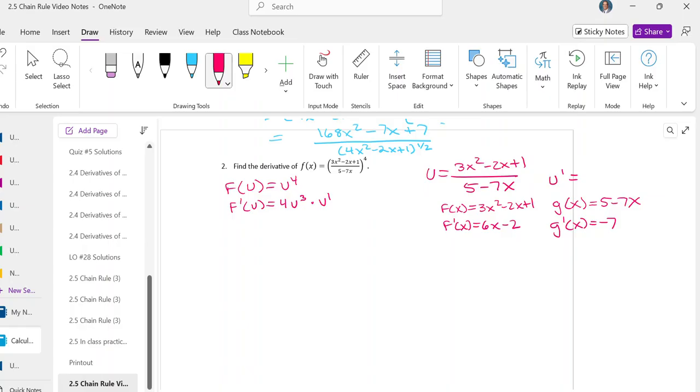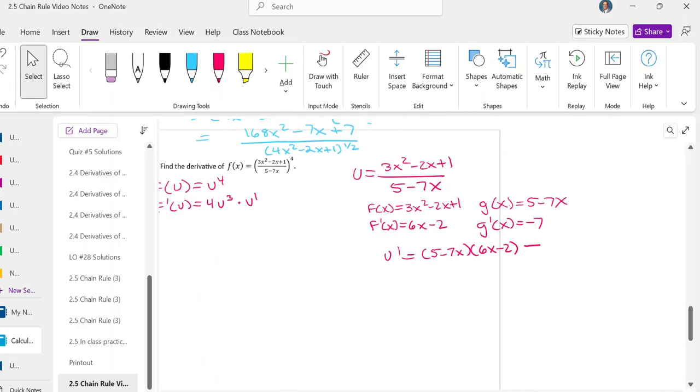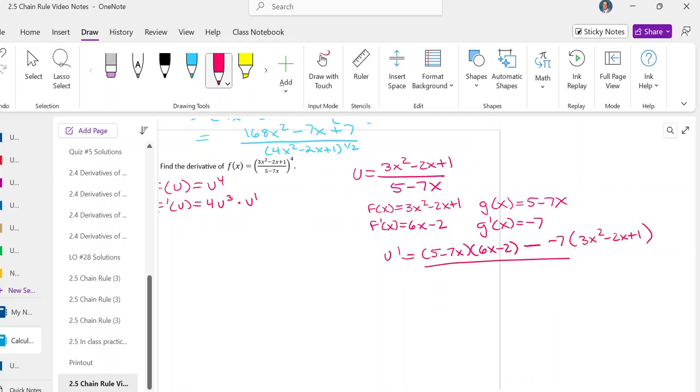So remember, to get u prime here, we would do g times f prime, so 5 minus 7x times 6x minus 2, minus negative 7 times 3x squared minus 2x plus 1, all over 5 minus 7x to the second power.